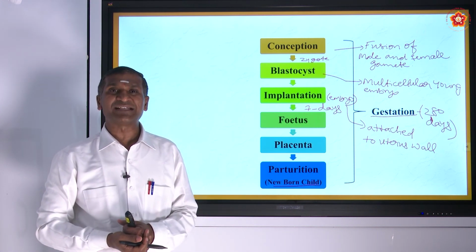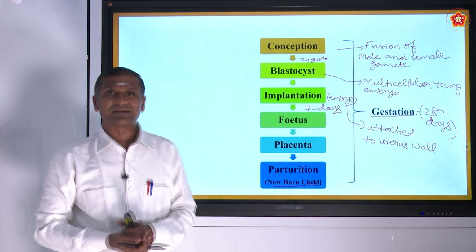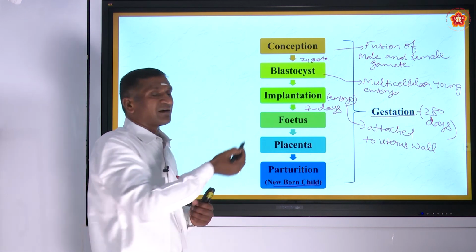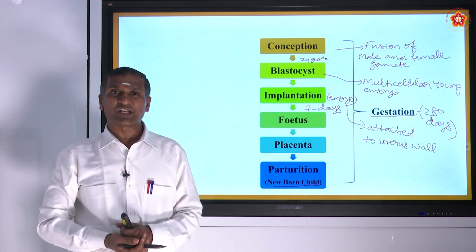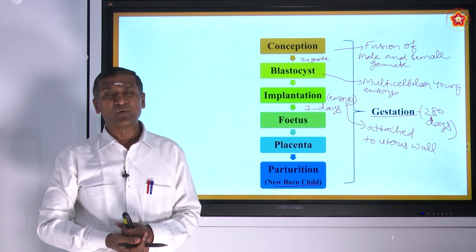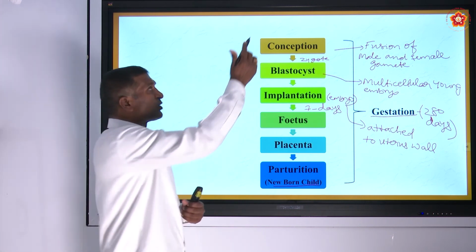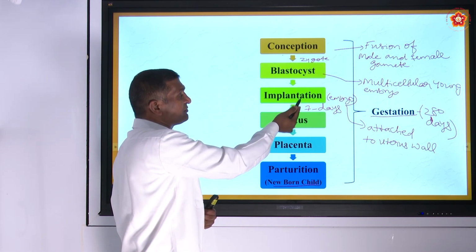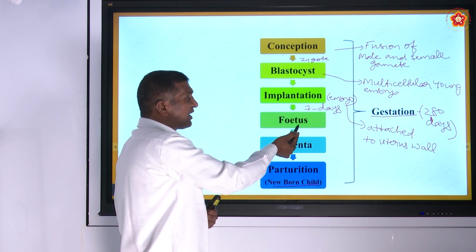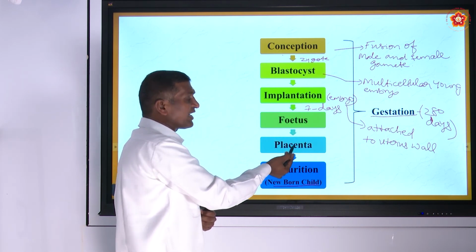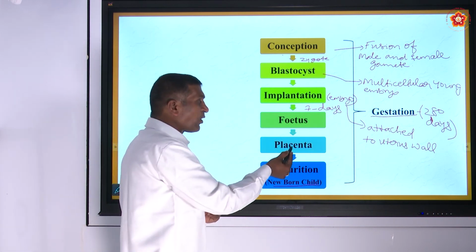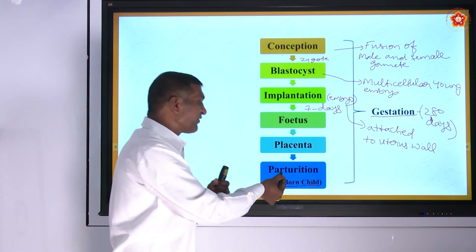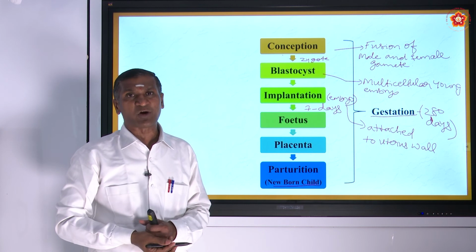Till then, these are the stages of the fertilization process in the womb of the mother: conception, blastocyst, implantation, fetus formation, the fetus being provided nourishment with the help of the placenta, and all the organs developing over 280 days, and finally a new child is born.